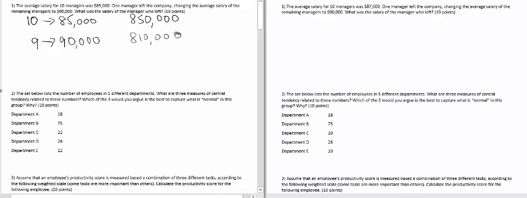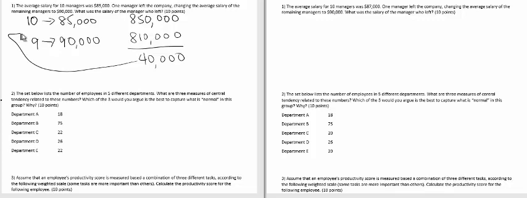We used to pay $850,000, now we pay $810,000, and the difference is $40,000. And where did that $40,000 come from? It came from the person who left. So what was the salary of the manager who left? $40,000.